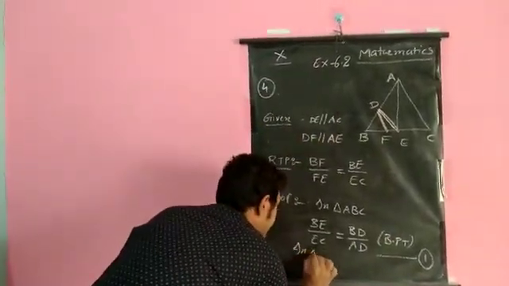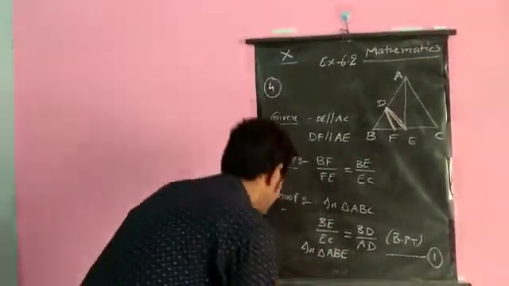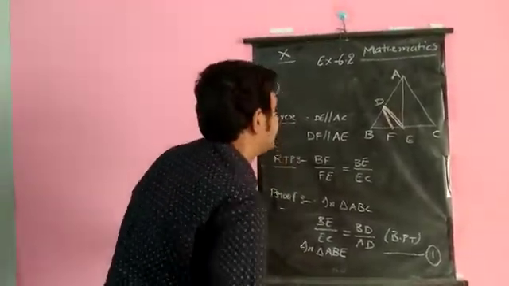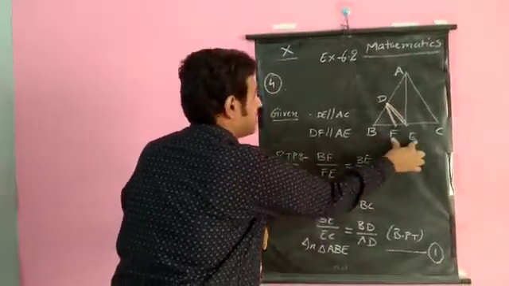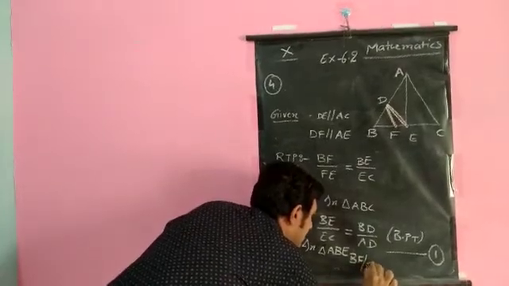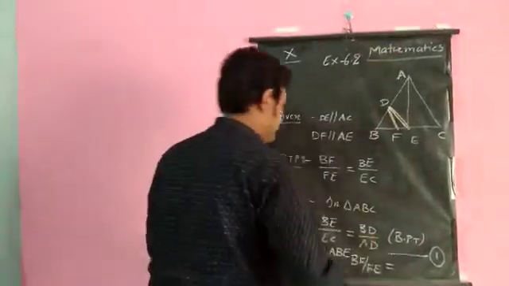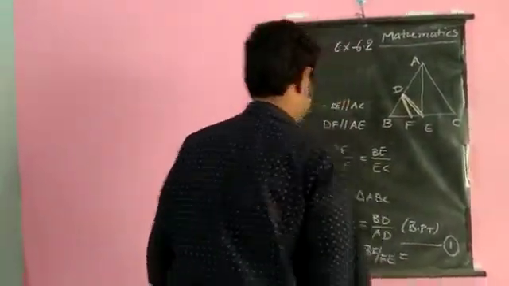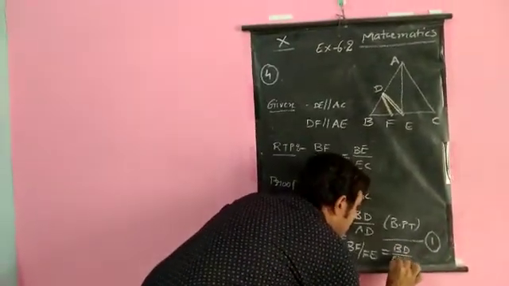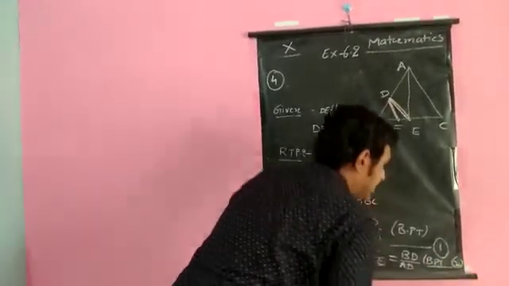Similarly, applying the basic proportionality theorem, BF by FE equals BD by AD. I take this as equation 2.